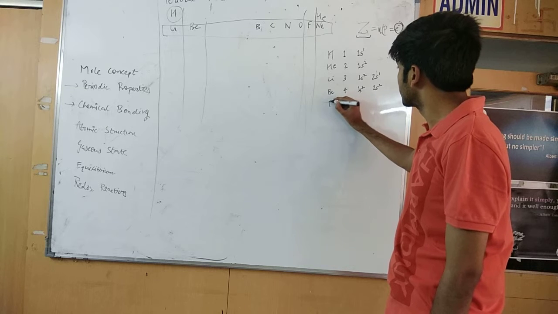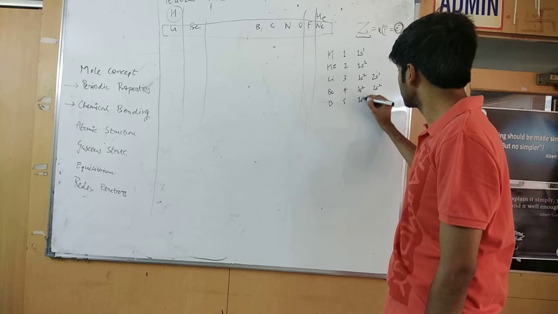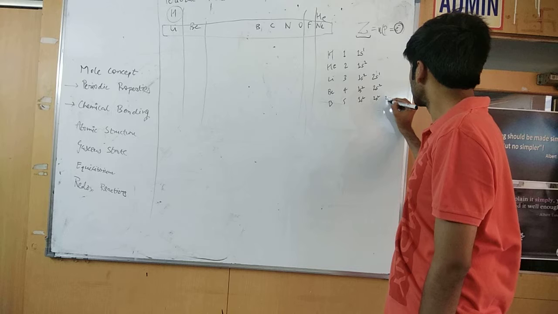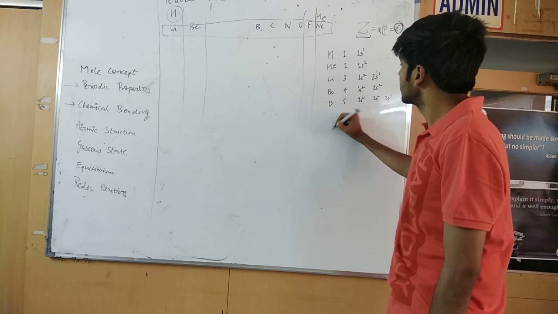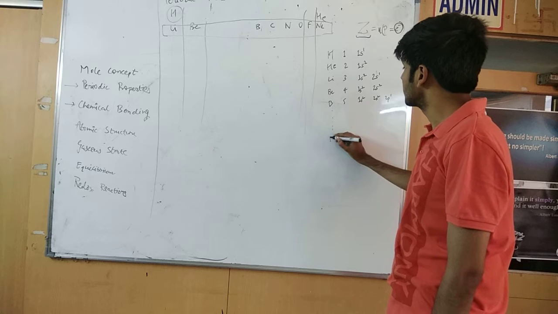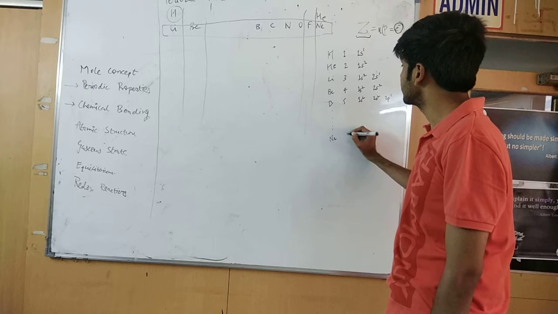Till boron, I'll write one more. 1s2, 2s2, 2p1. Boron is 5, right? What is the neon atomic number? 6, 7, 8, 9, 10.